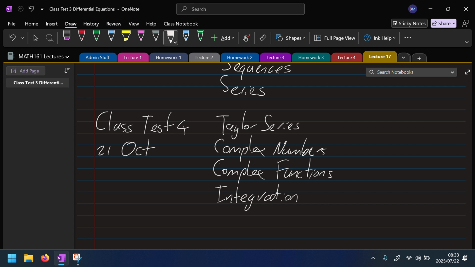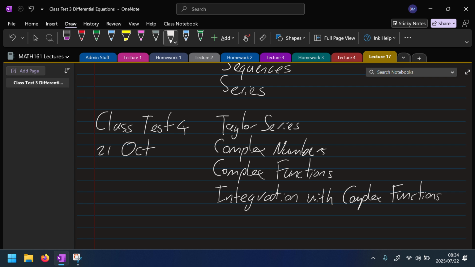You can't hide from the integration. It's everywhere. So the last thing is integration with complex functions, and once we're done with that, that will be it for the year.